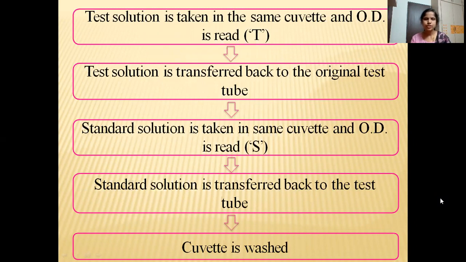Now we remove the test solution from the cuvette and fill it with the standard solution. We have to take at least a minimum of 5 standard solutions of any mixture, and measure the absorbance for each individual standard solution.